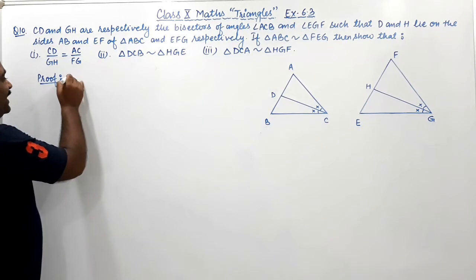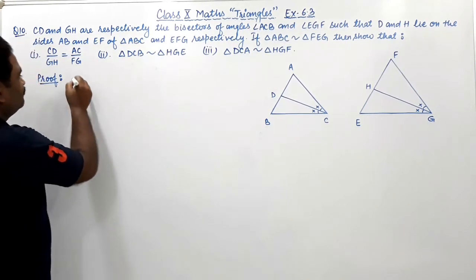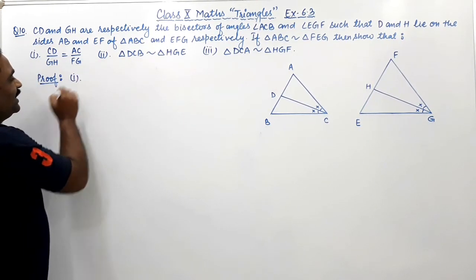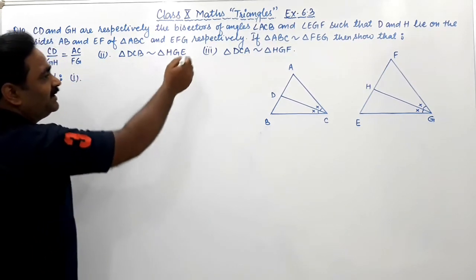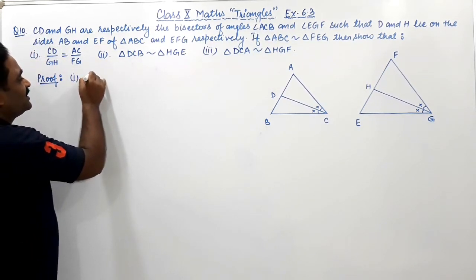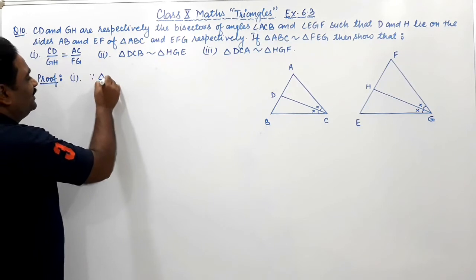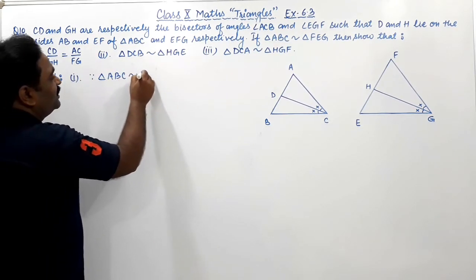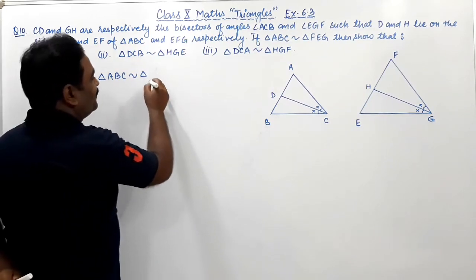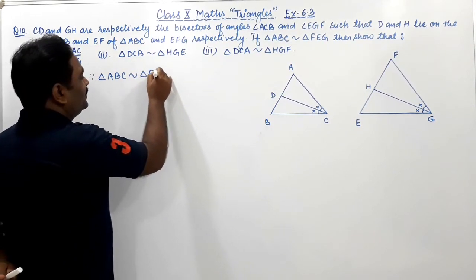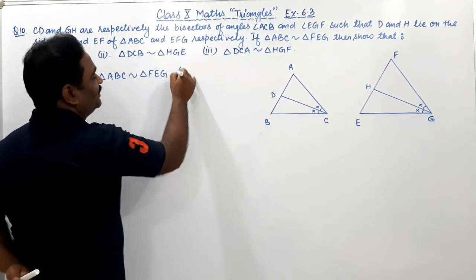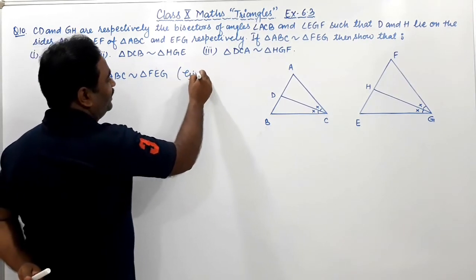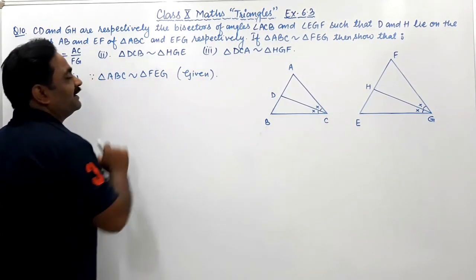First, you have to take the things which are given. Since triangle ABC is similar to triangle FEG, this is given. We are not saying this, it is given in your question.